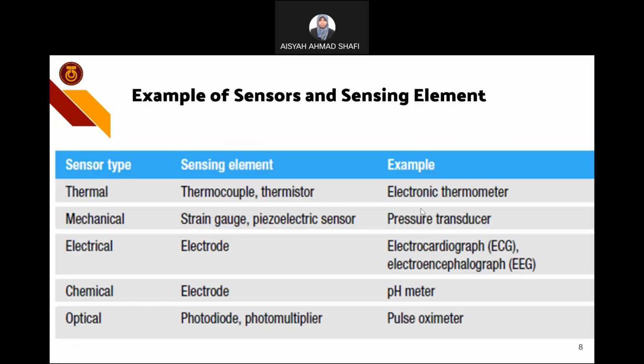So it is used for an electronic thermometer. And for the mechanical sensor, it detects mechanical changes, including the strain gauge and piezoelectric sensor. So it is used for the pressure transducer.